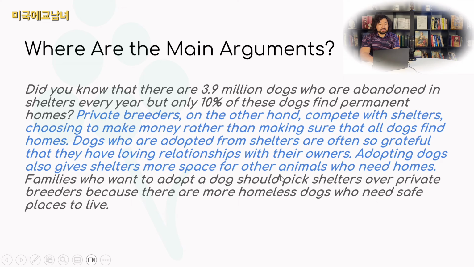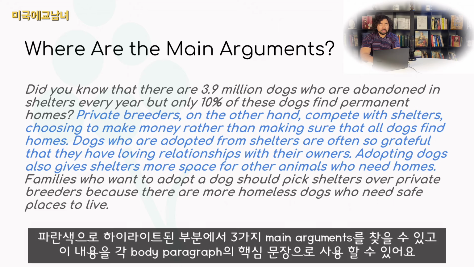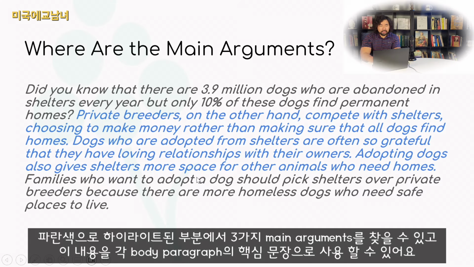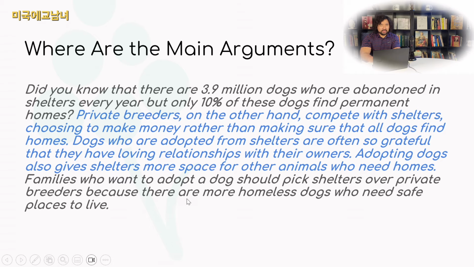As we talked about in the previous meeting, this is the introduction, and this is the grabber or hook. The ones in blue are background details. Background details in this case contain 3 main arguments. Each argument can turn into one paragraph for the body. So as we can see, we have 3 main arguments from the background details just before the thesis.